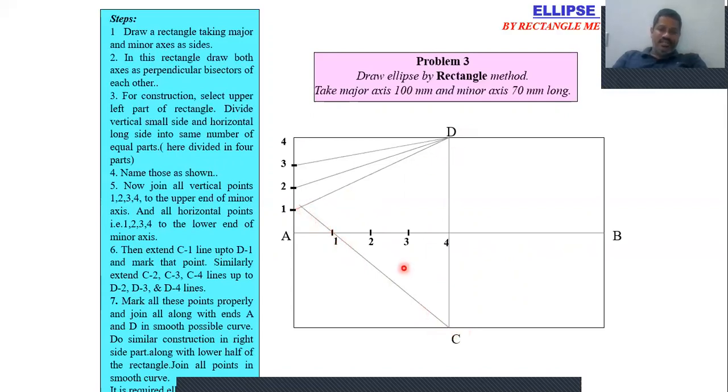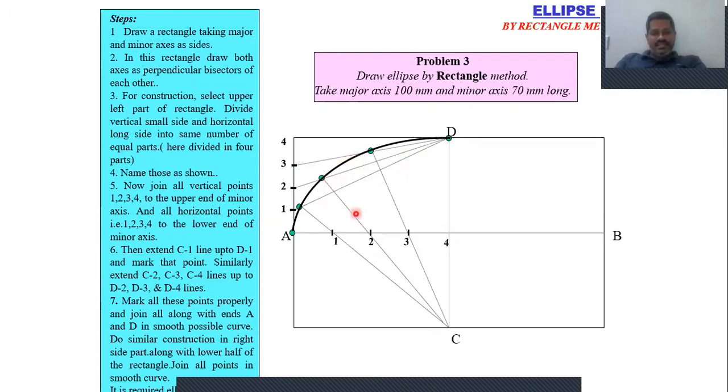So we will get one intersection point. Then extend C2 up to D2, we will get one intersection point. Extend C3 up to D3, we will get one intersection point. Now join all these points. So we will get the intersection points like this. Then join them with a smooth curve like this to get some portion of the ellipse.